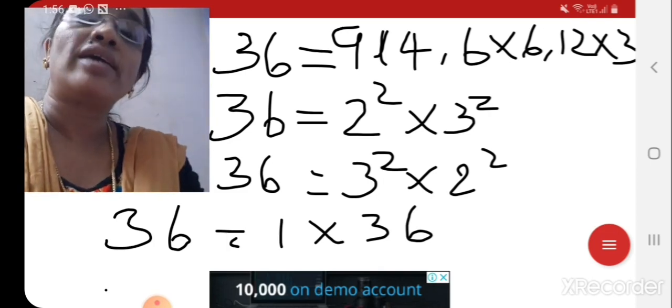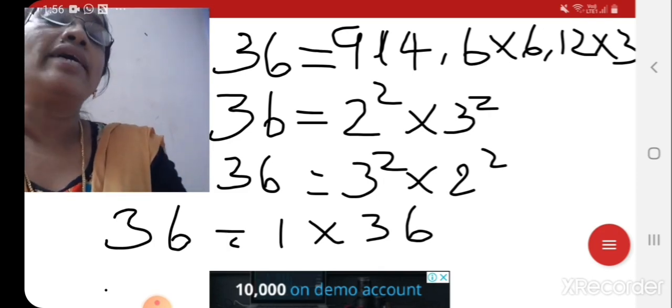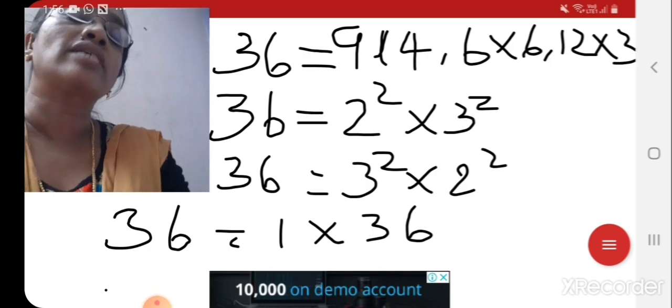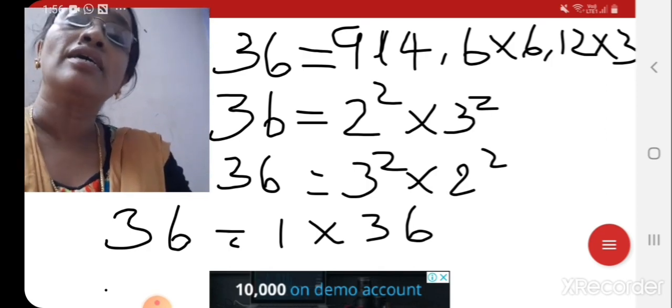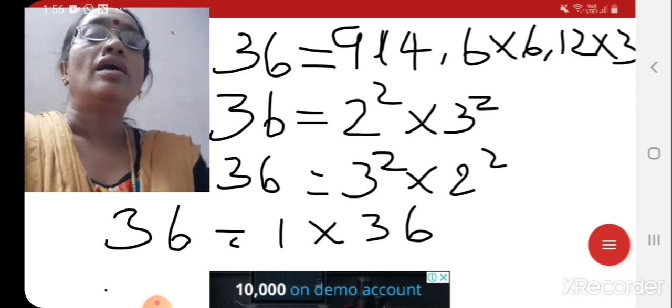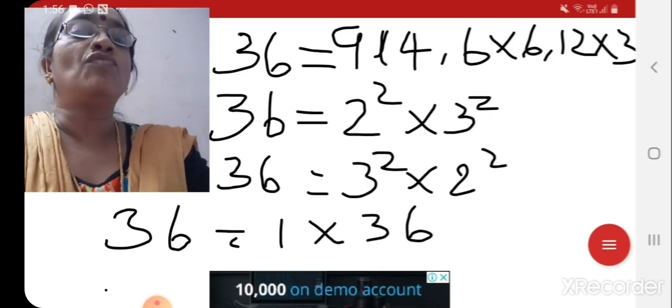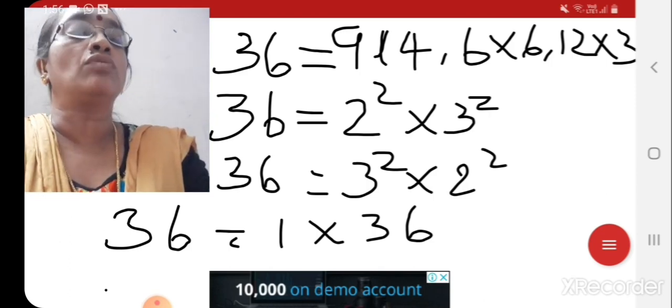These are different ways of expressing 36 as a product of numbers. Here 9 into 4, 6 into 6, 12 into 3.